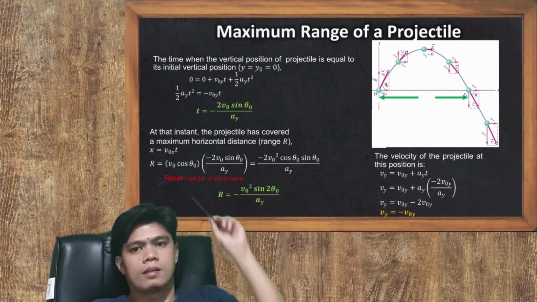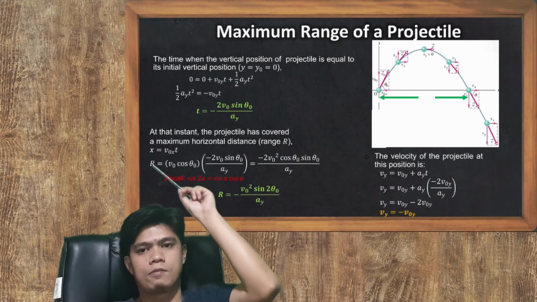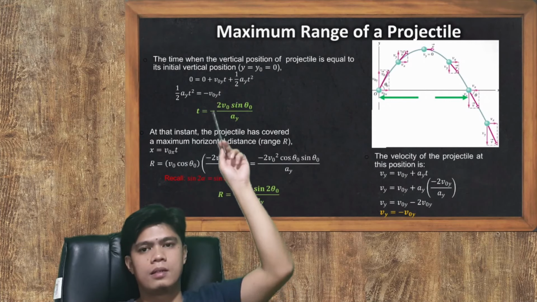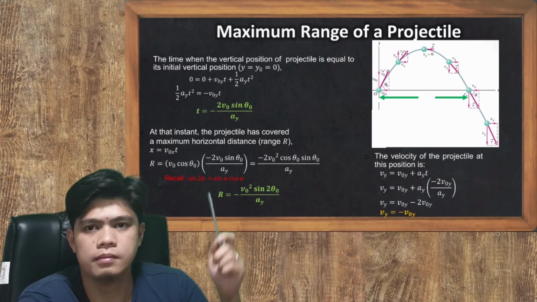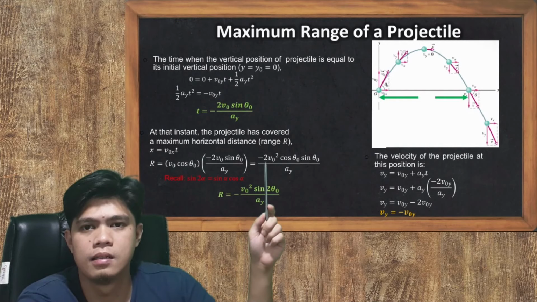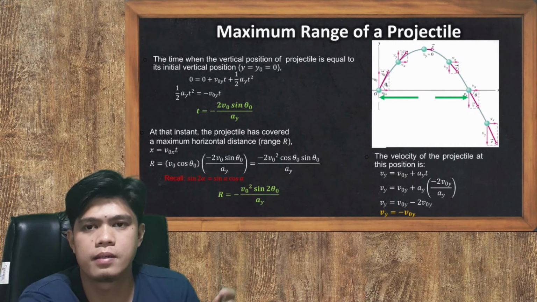Now, at the maximum range, we'll use this formula x equals v naught x t, and our t is equal to the value here, and our v naught x is equal to v naught cosine theta. And when we multiply this, we have negative 2 v naught squared cosine theta sine theta over ay.